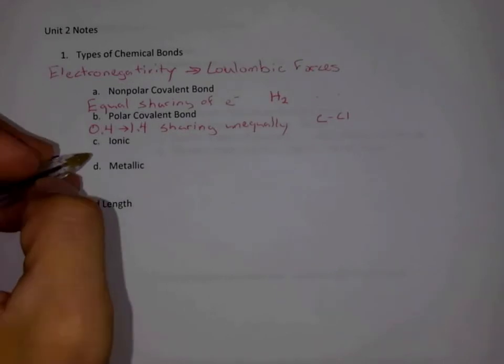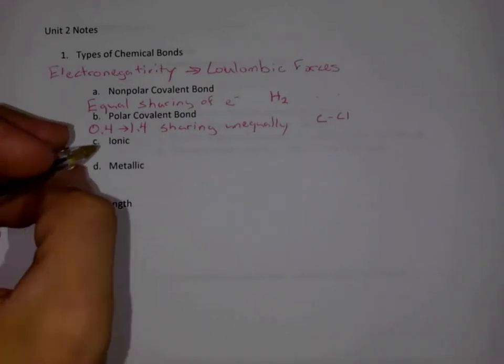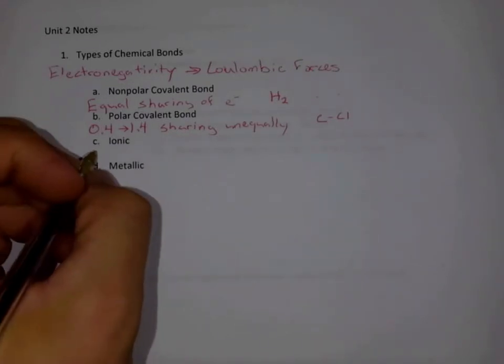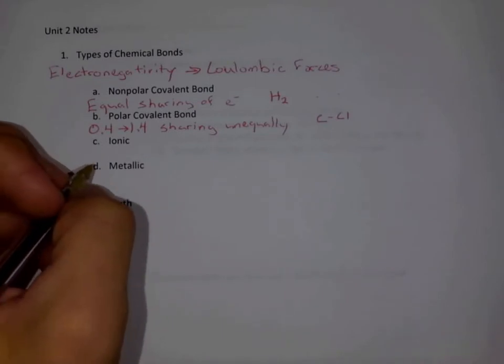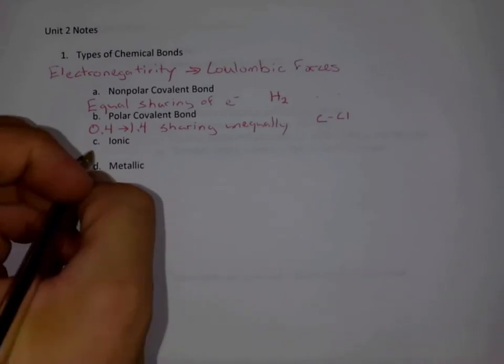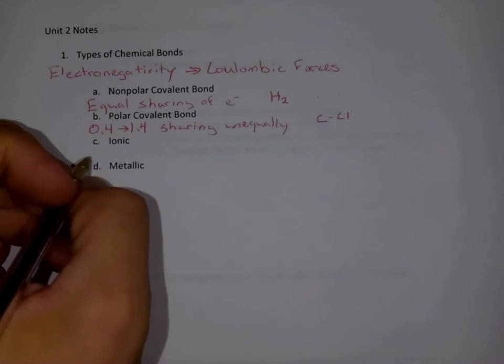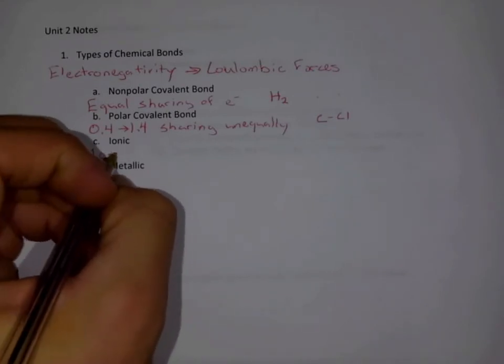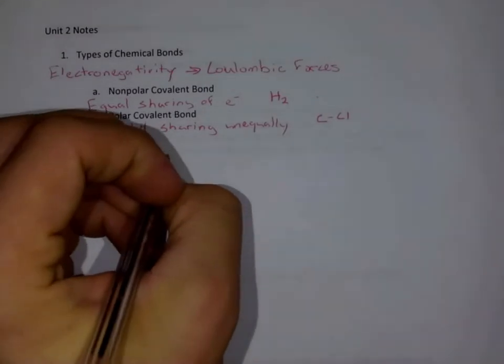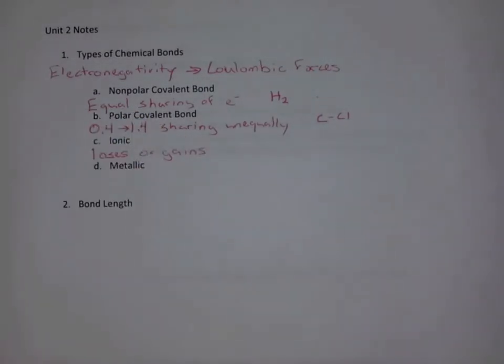An ionic bond, however, the electrons are going to be completely stolen, okay? So essentially they're not shared at all. The electrons are moved from one atom to another. The atom either loses or gains the electron.